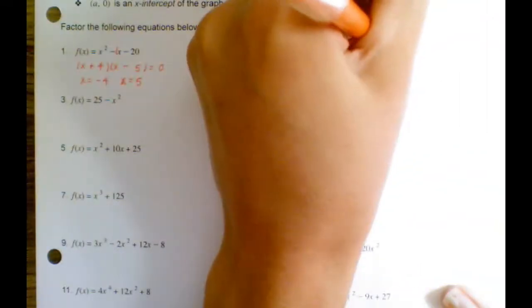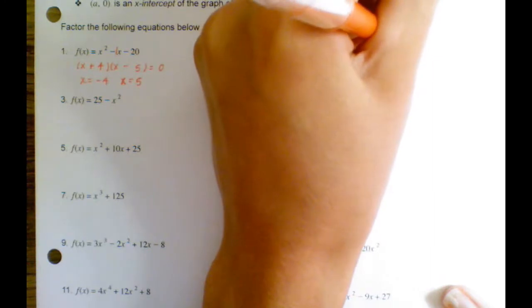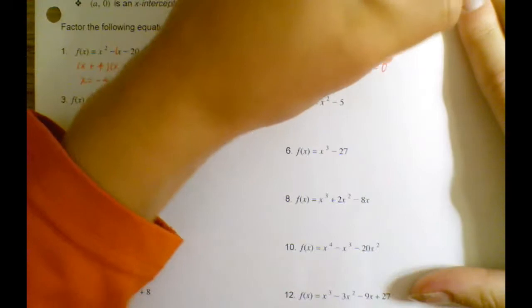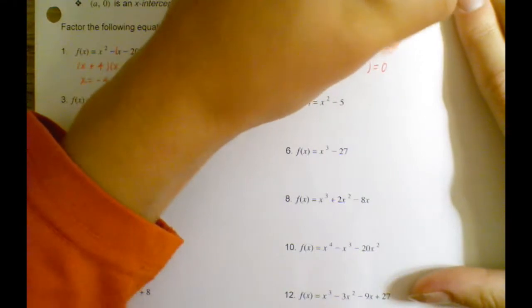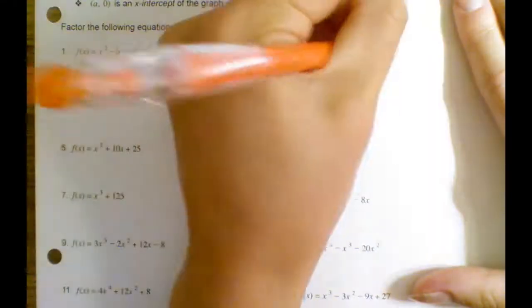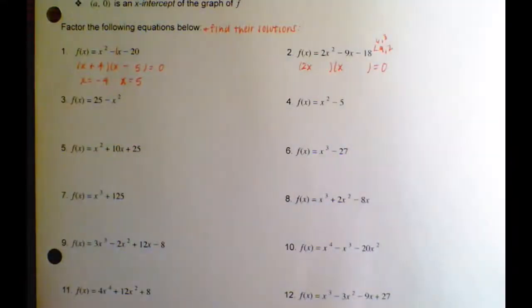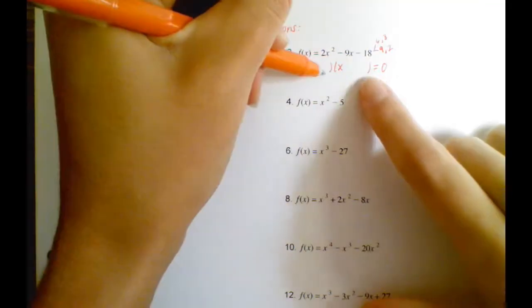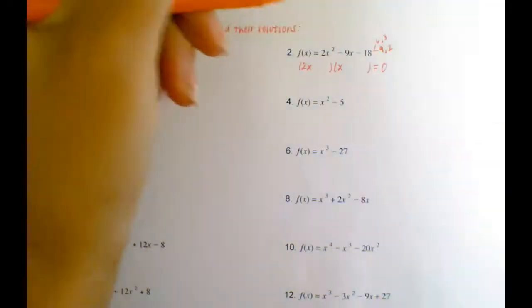All right. Now, factors of 18. Let's see, we got 6 and 3. We've got 9 and 2. You've got 18 and 1. So let's check it out here. Remember, these 2 terms together have to add to that middle term.